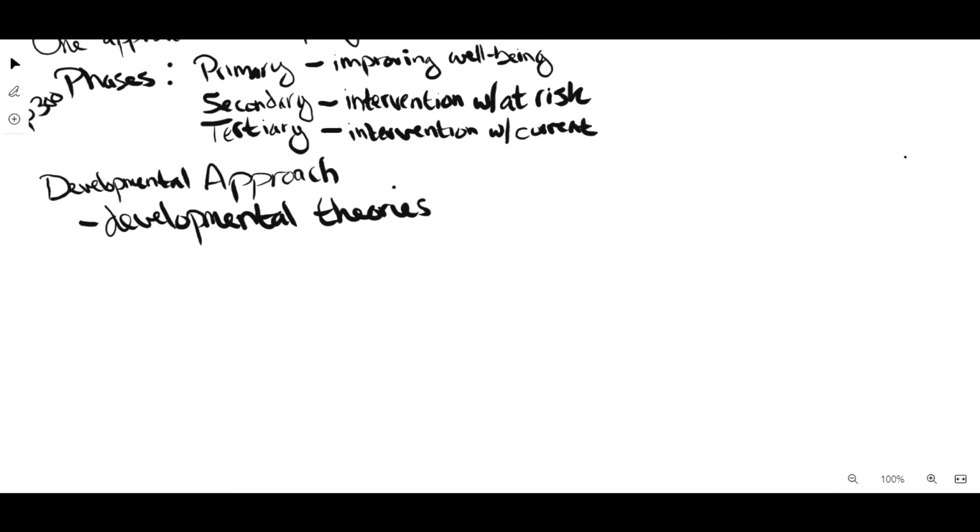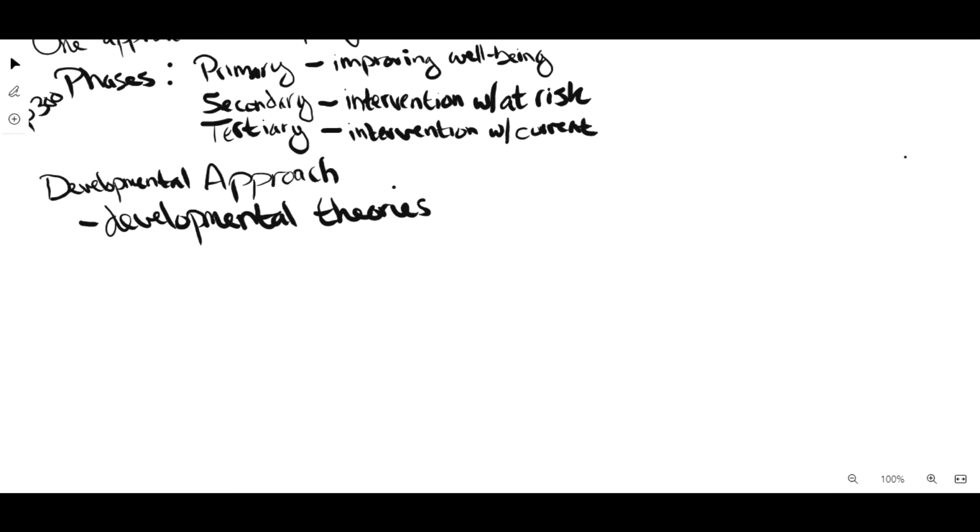The idea is that as you develop, as you get older, there are places where intervention would be most useful. And that's really what the developmental approach is: looking at those theories and asking, when is the right time to identify potential risk factors and intervene to prevent this kind of thing?